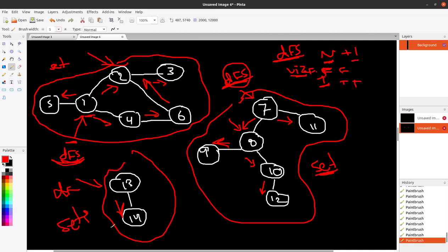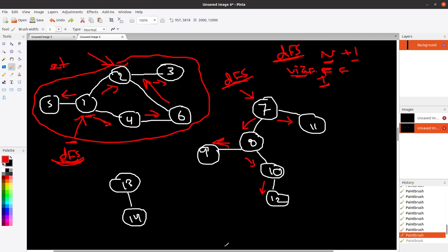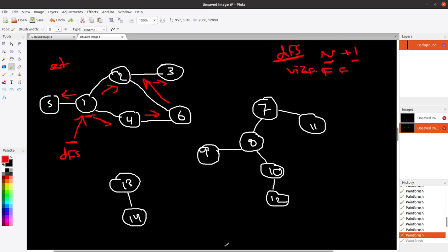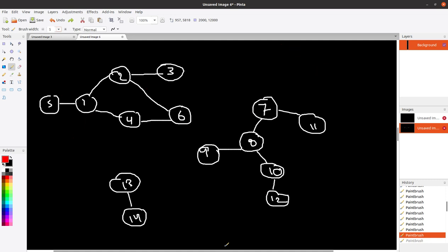So this is the first stage, to know what the sets in our graph are. After that, we need to find a solution for every set, and to do that we will use the BFS algorithm for every set.